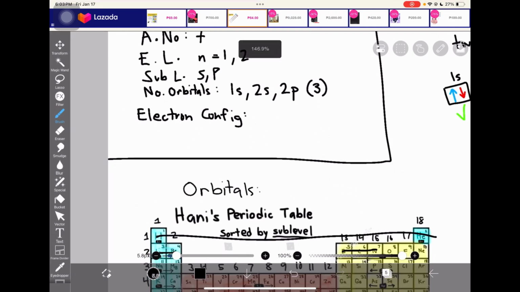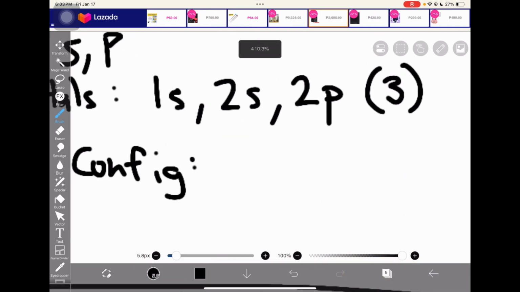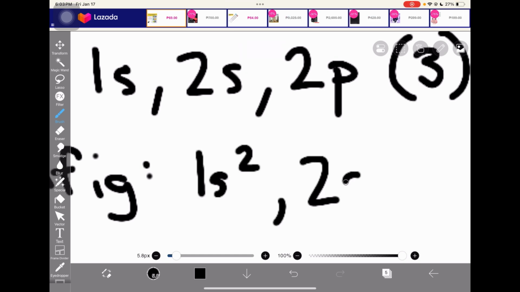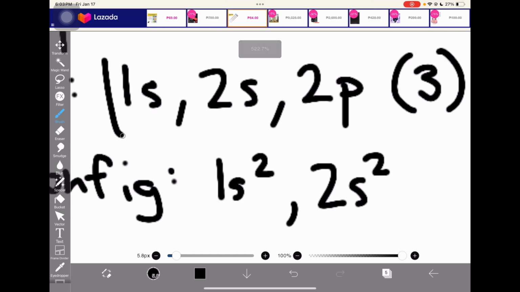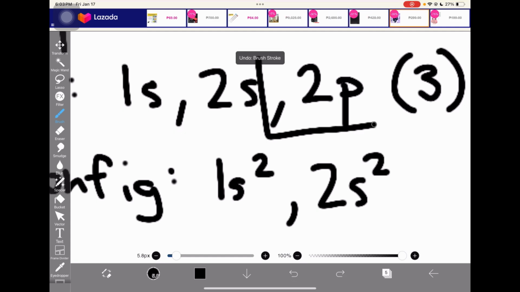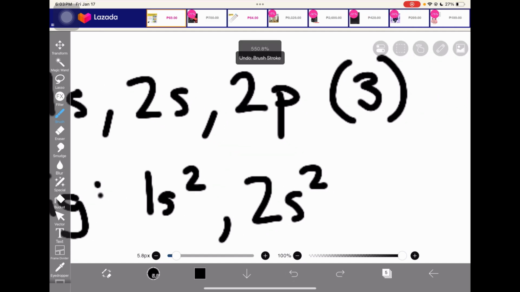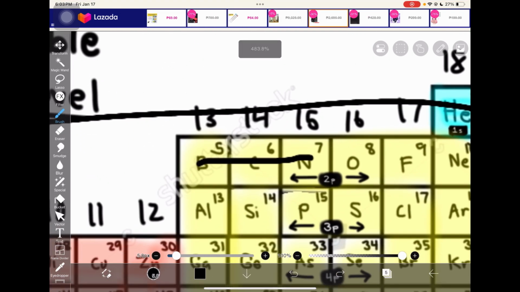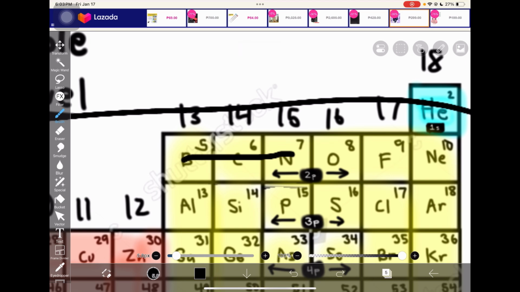The electronic configuration, once again, let's apply the same tactic. So 1s2, 2s2, we apply the maximum number of electrons for all the terms except the last term. Then we locate the last orbital, 2p, and starting from the first element of 2p, count: 1, 2, 3.